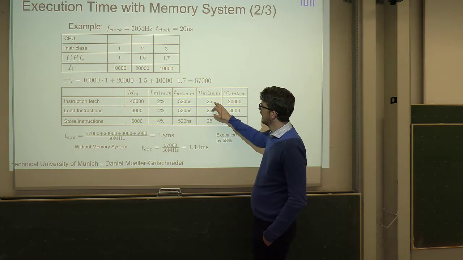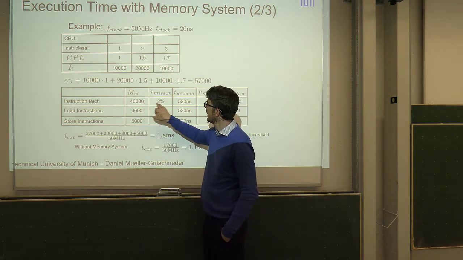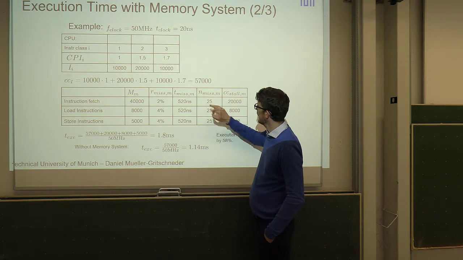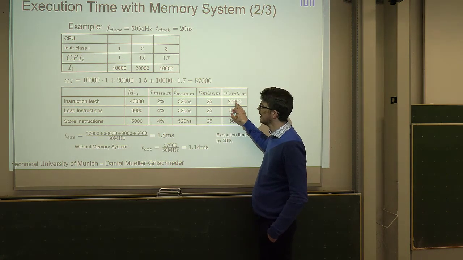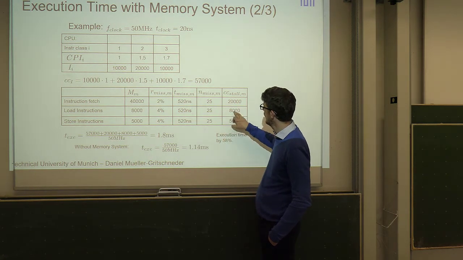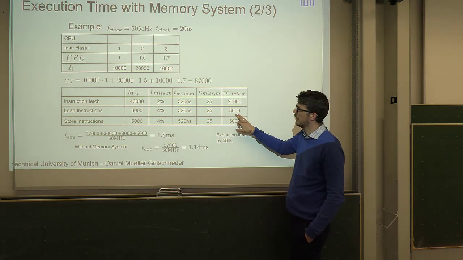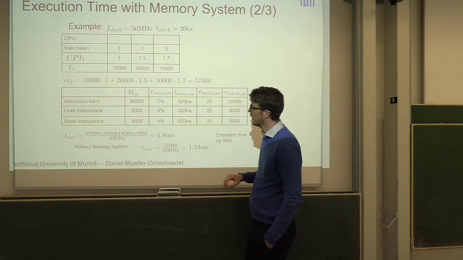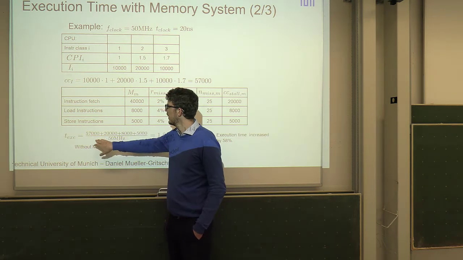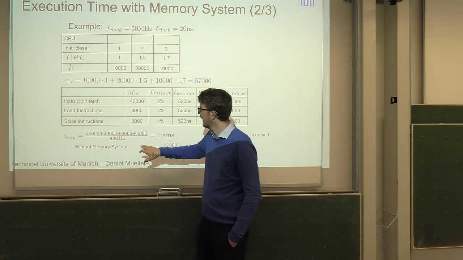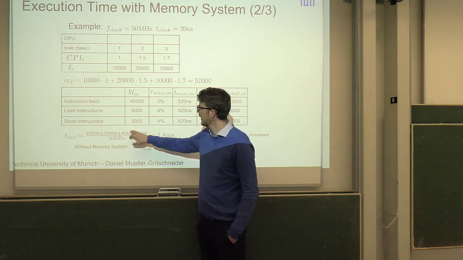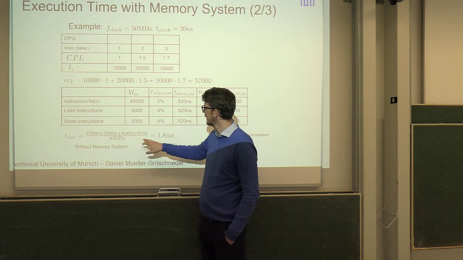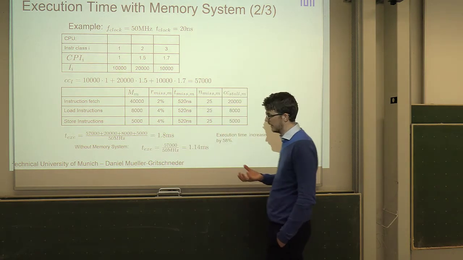So for the 40,000 fetches with 2% misses at 25 cycles each, we get another 20,000 cycles waiting for data, 8,000 cycles waiting for loads, and 5,000 cycles for the stores. So we take the original cycle count, 57,000, plus 20,000, plus 8,000, plus 5,000, and then multiply by the clock time, and this tells us we now have 1.8 milliseconds.